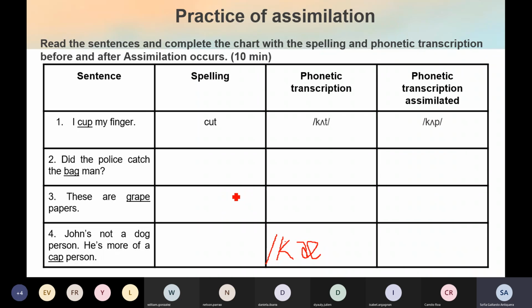Then it would be the t. And as it is followed by a p, because we have the word person after the word cat, this t would change into a p. That would be the assimilation that happens there.